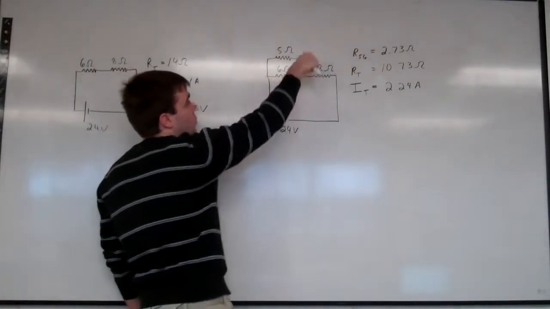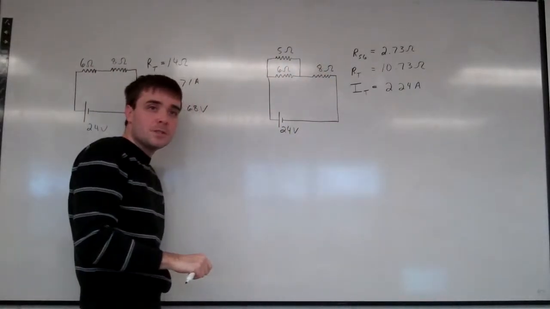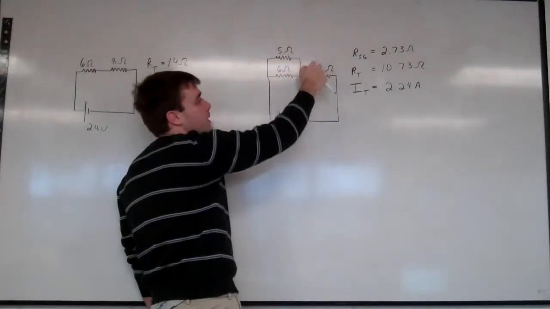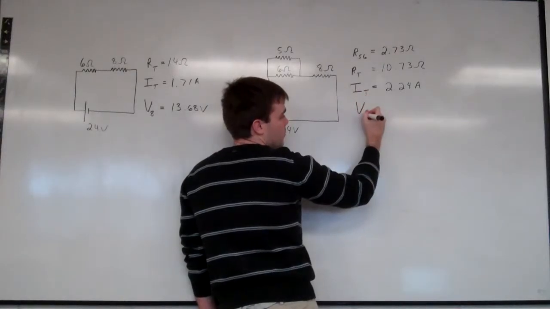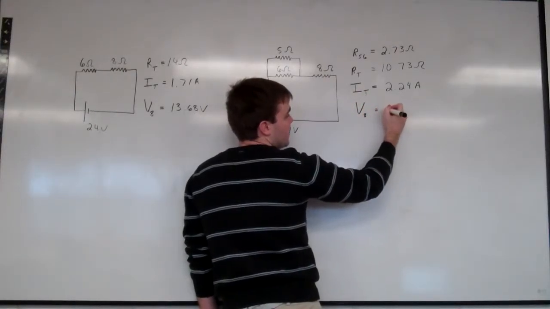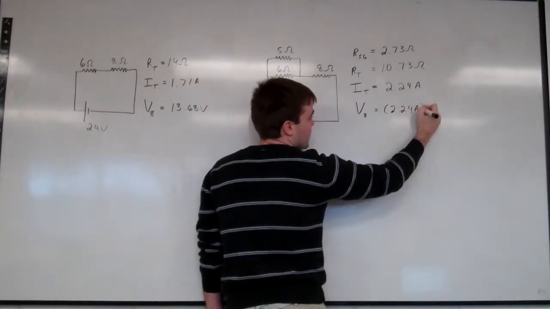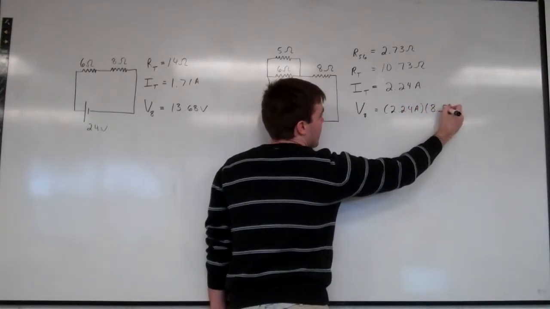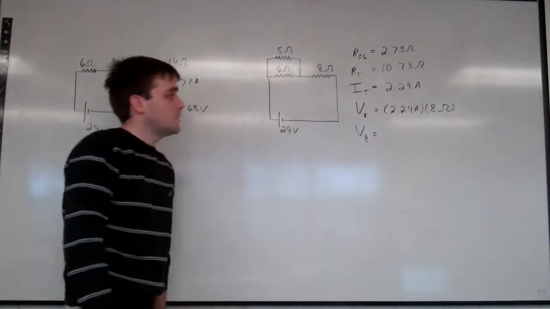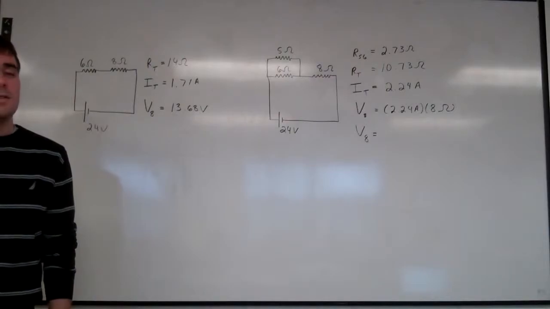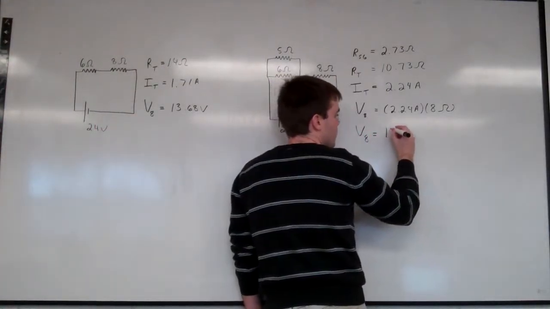So the current through this whole thing is 2.24, and the current through the 8 ohm one is 2.24 since they're in series. So this whole thing is in series with the 8 ohm one. So the voltage across the 8 ohm resistor is going to be V equals IR, so 2.24 amps times 8 ohms. Voltage across the 8 ohm one is 17 point something. 89.